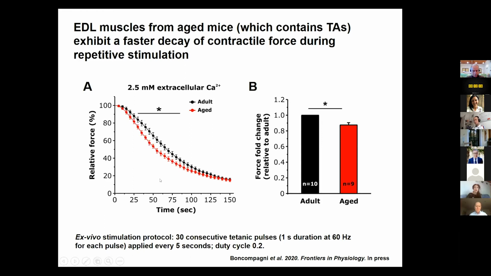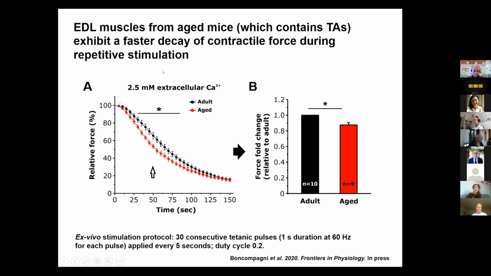The results of these experiments, plotted in panel A as a function of time, indicate that EDL muscle from aged mice exhibits a slightly accelerated fatigue compared to adult. You see this red curve here. In panel B, the bars show the force decrease evaluated at the 10th tetanus, and you see that the decrease in contractile force in aged EDL was about 10%.